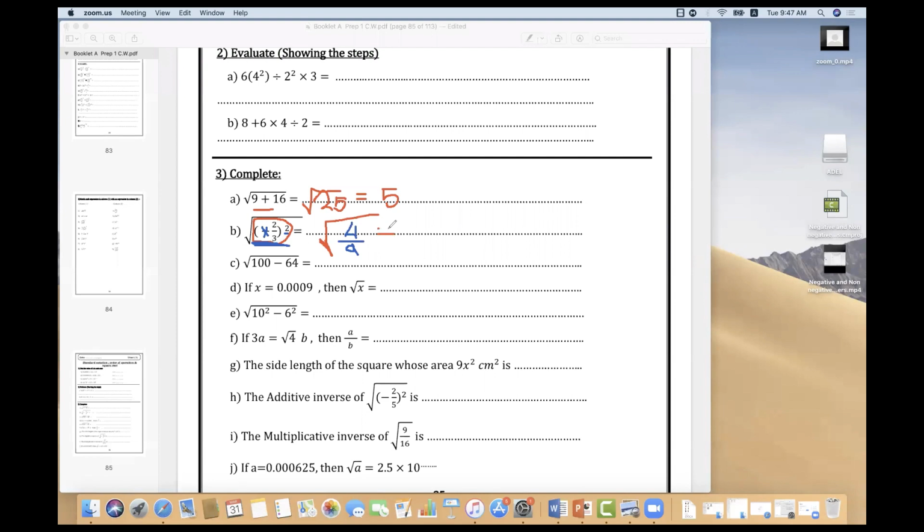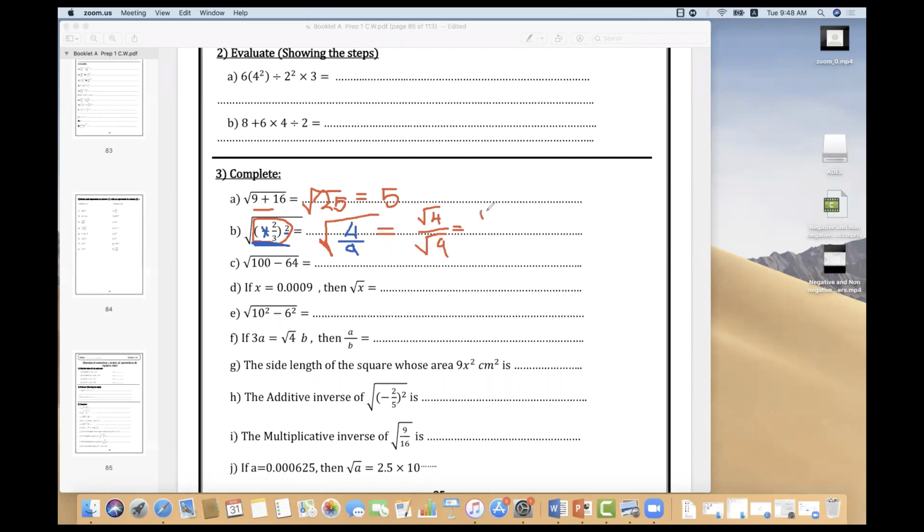If I have a fraction under the square root, that means the square root of the numerator and the square root of the denominator: the square root of 4 and the square root of 9. So Miss, can we put it as 2 over 3 directly? Yes, you can.